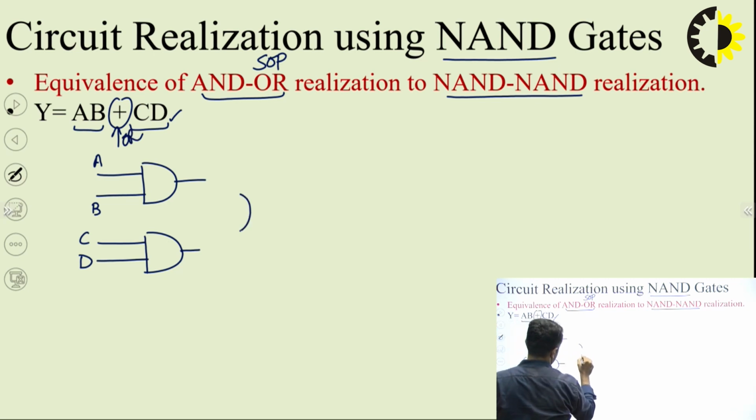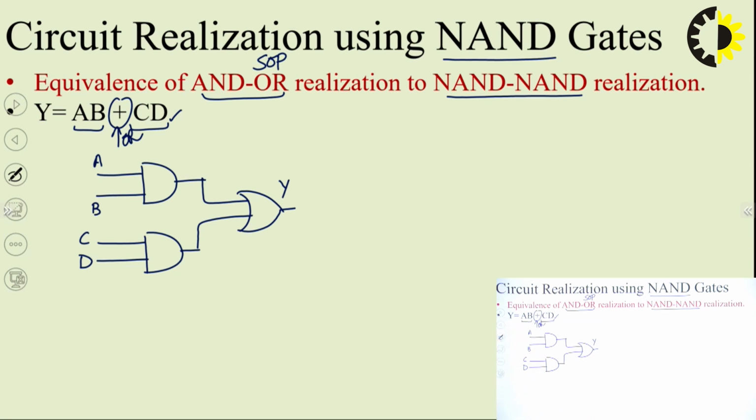So using an OR gate, this is a basic gate version, which is having AND gates first and there is an OR gate at the end, which is giving you the final output. So this is AND OR realization.